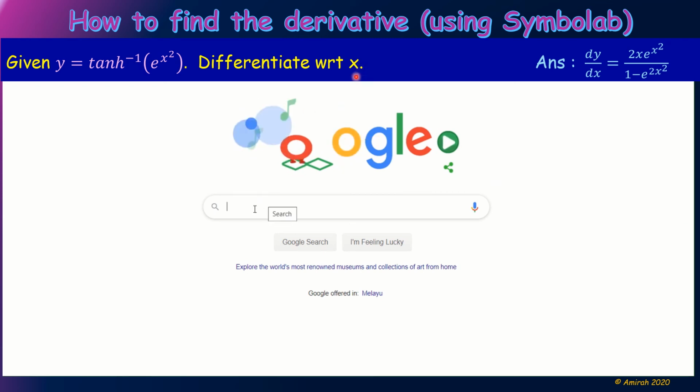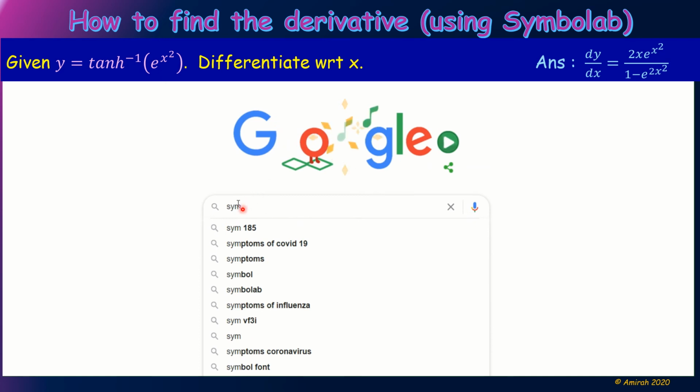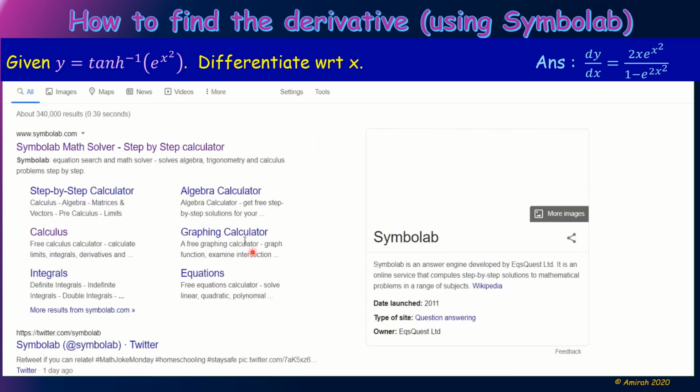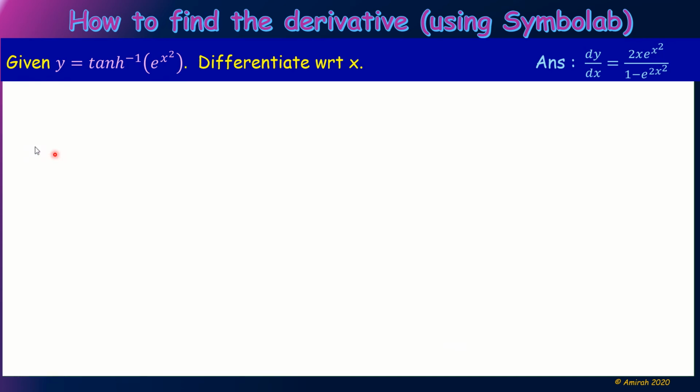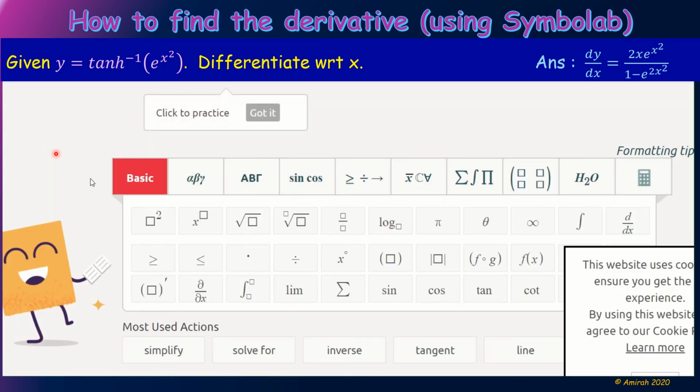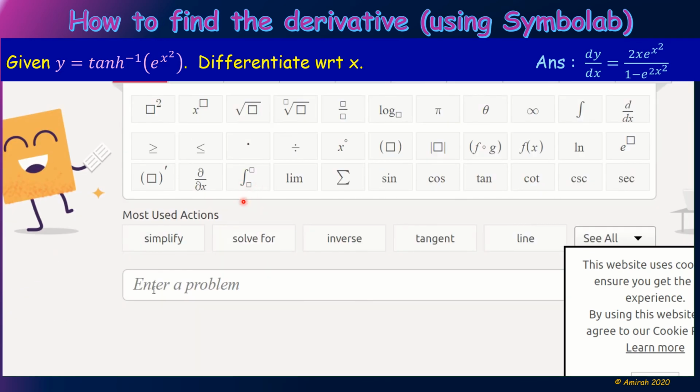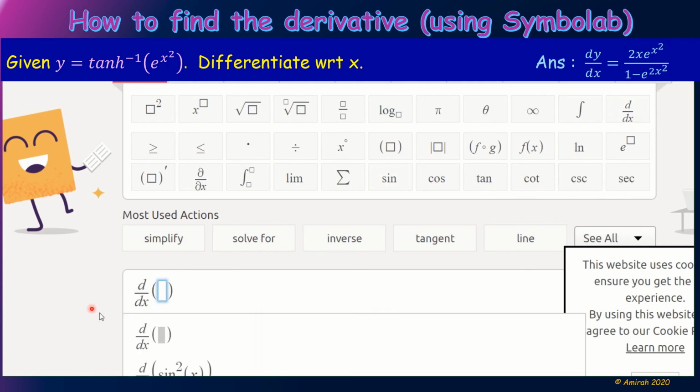To solve using Symbolab, the first step is from Google search, we type Symbolab. And then we have this, www.symbolab.com. We click this, and then we have this. From enter a problem, we choose d over dx.